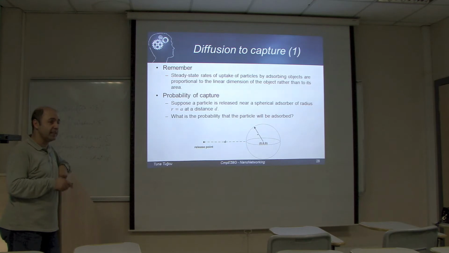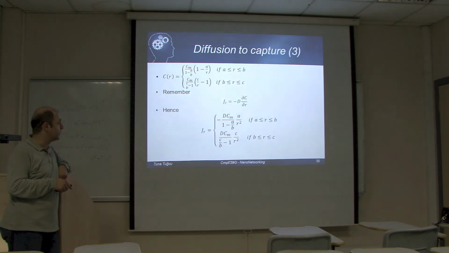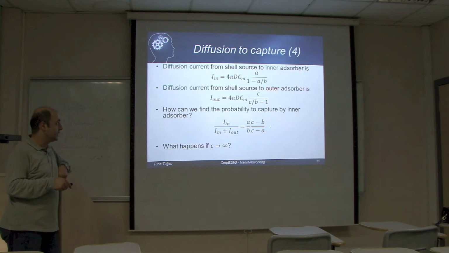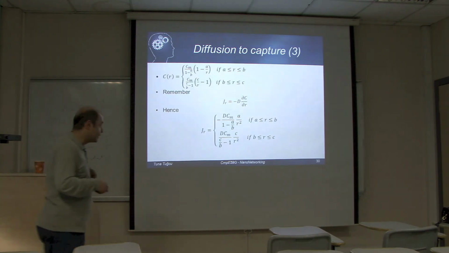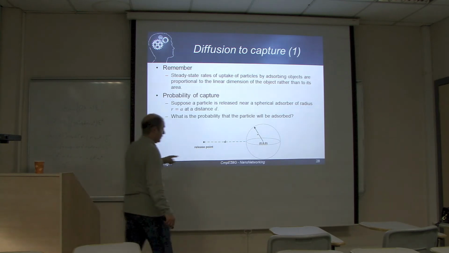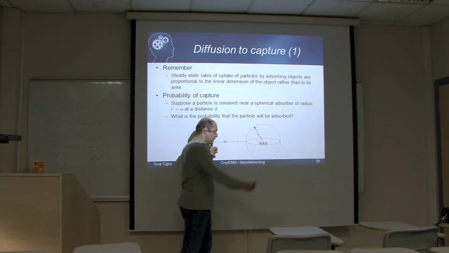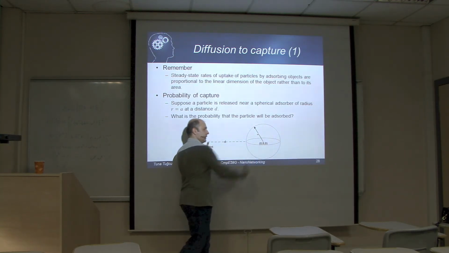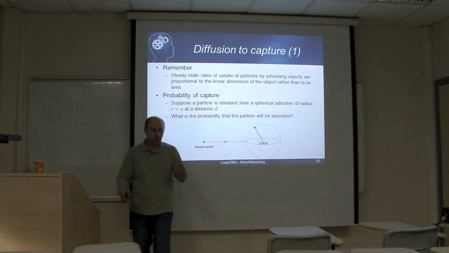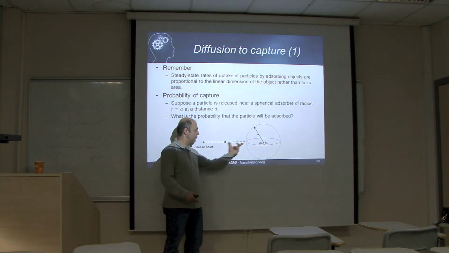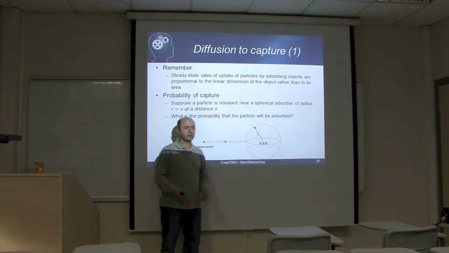What does that mean? What was that, first of all? That was, remember, the probability of the molecule being captured. The probability that the molecule is captured is the radius of the receiver over the distance from the center of the receiver, or in other words, the distance to the surface plus the radius of the receiver.